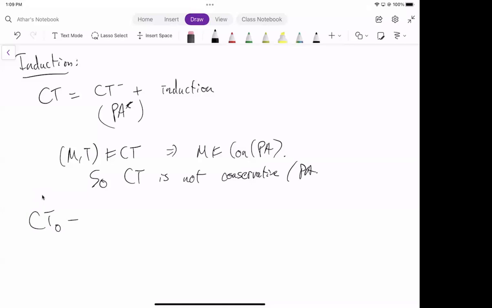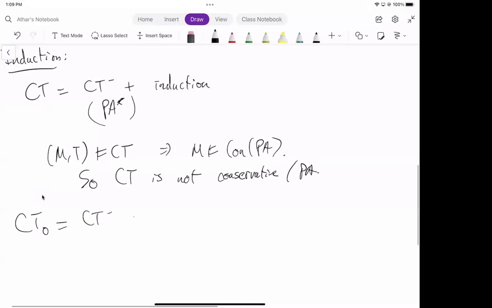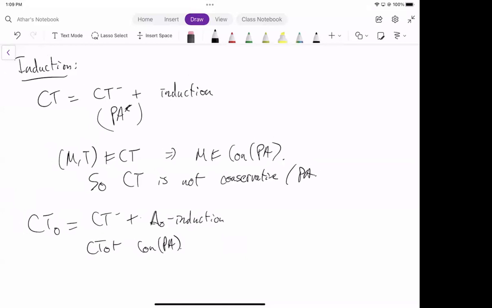You can look at CT0, which is CT minus plus delta naught induction, and the same thing happens: CT0 proves Con(PA) as well. Of course, if you think about it for a little bit, you'll see both of these theories prove quite a bit more, like Con(PA) and Con(PA + Con(PA)), and things like that.